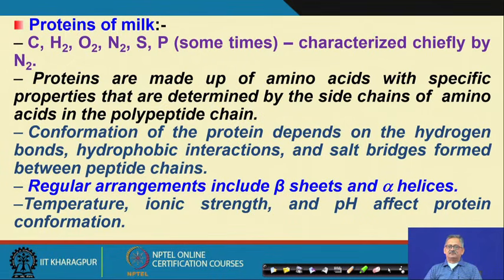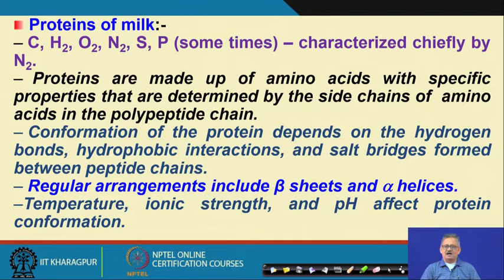Sulfur and phosphorus may or may not be present in some of the proteins, but normally these proteins are characterized by the nitrogen content, and that is why we obtain the protein content with the help of the Kjeldahl method, and there we get the nitrogen, and with the conversion factor we get the protein, right. And we have seen that proteins are made of amino acids with specific properties that are determined by the side chains of the amino acids in the polypeptide chain.